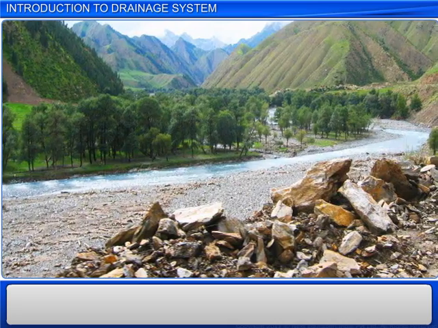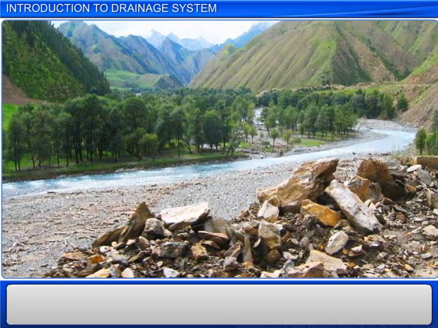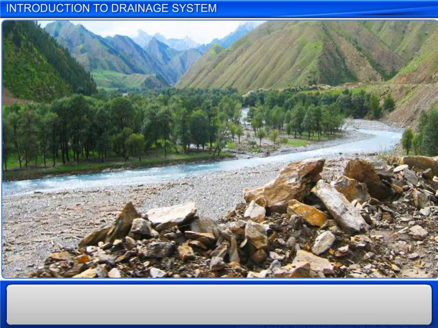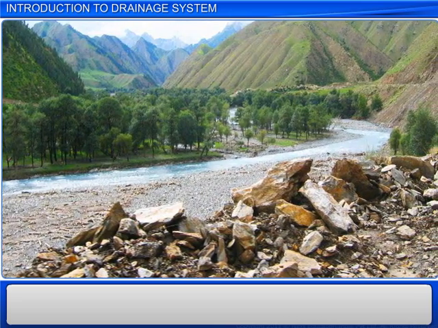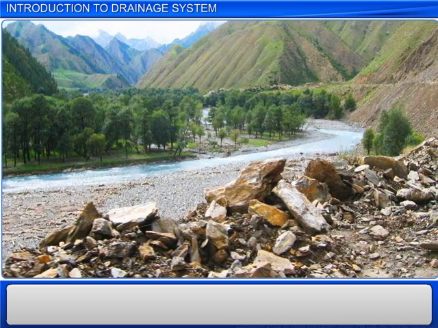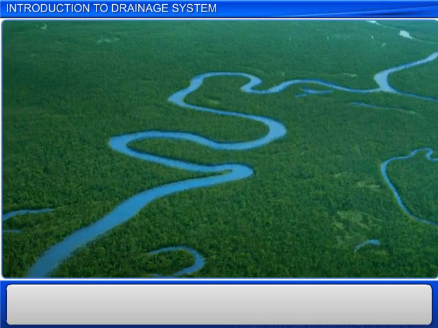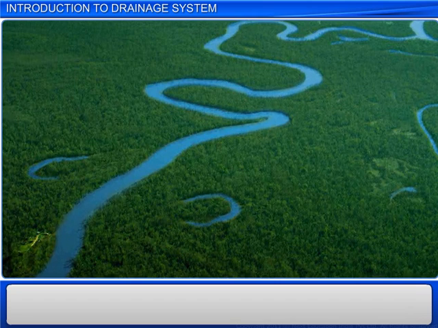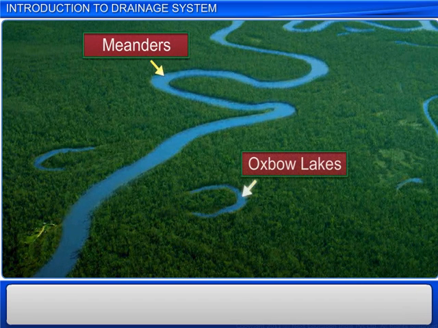These rivers also cause massive erosion along their path and carry loads of silt and sand along the upper courses. In the middle and lower courses, they cause meanders and oxbow lakes.